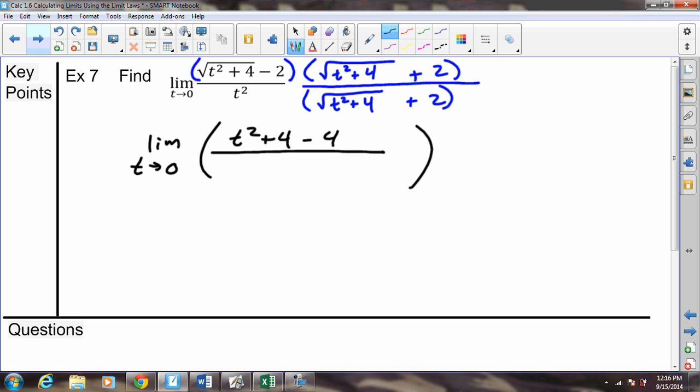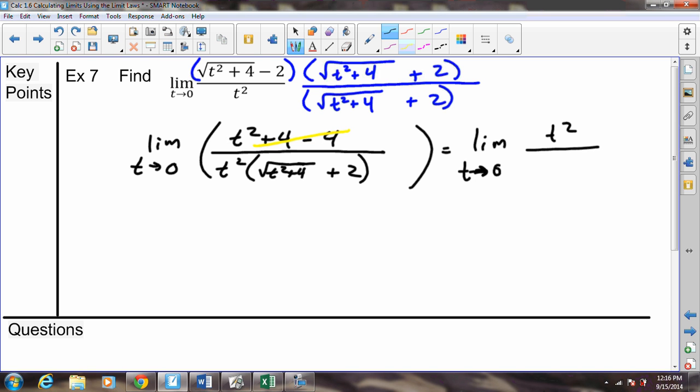And in the denominator, we'd have t times our conjugate. What's happening in the numerator? Plus 4 and minus 4, those cancel, which gives us the limit as t approaches 0 of t squared over t times the square root of t squared plus 4 plus 2.